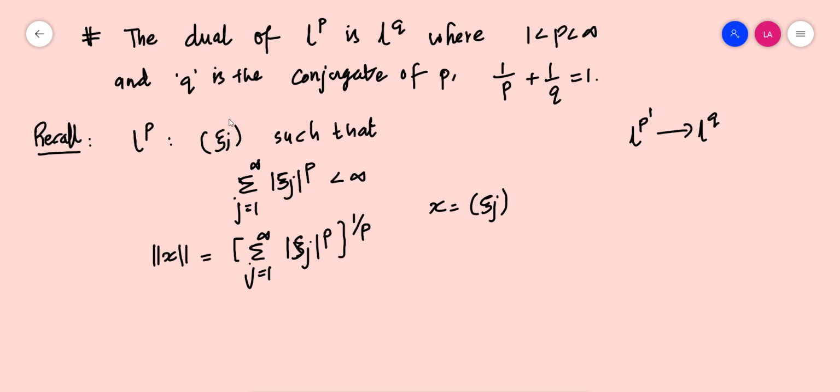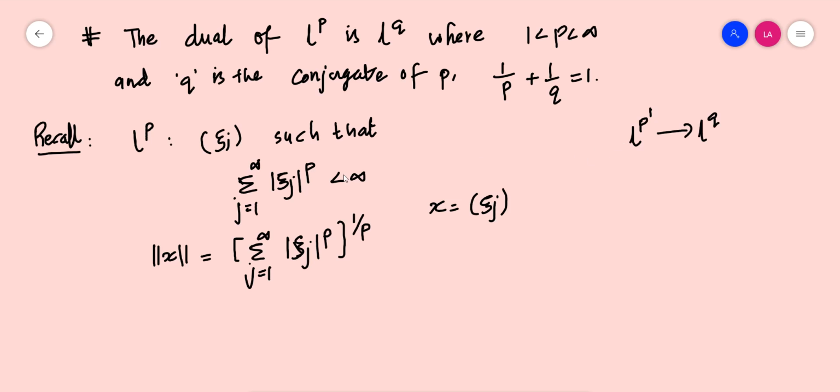In order to prove that it's a dual, we need a function which is actually an isomorphism from LP dash onto LQ. Before that, we need some elementary knowledge regarding the linear functionals which are defined on LP.